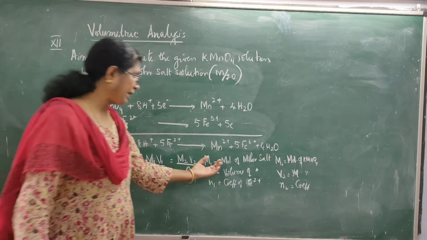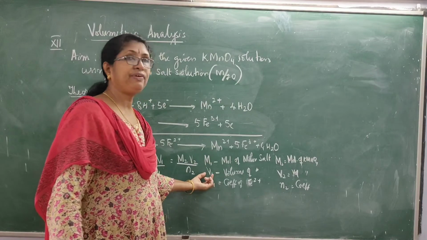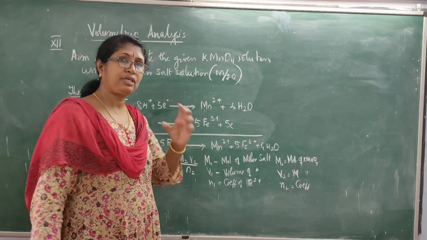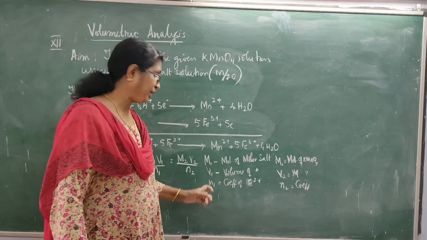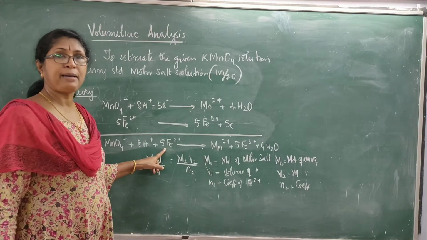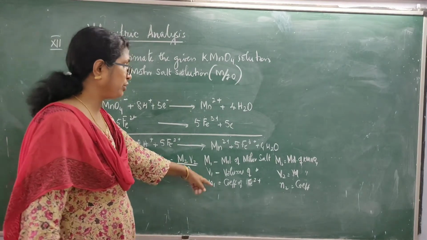We know M1 since we prepare the solution, and V1, the volume of Mohr's salt solution we take. N1 is the coefficient, which is 5. In the balanced equation, the coefficient of Mohr's salt is 5.